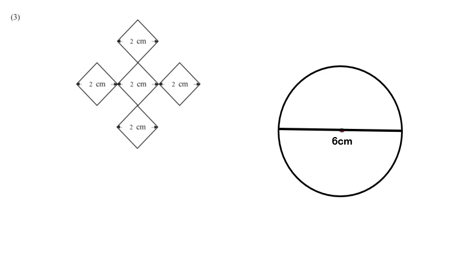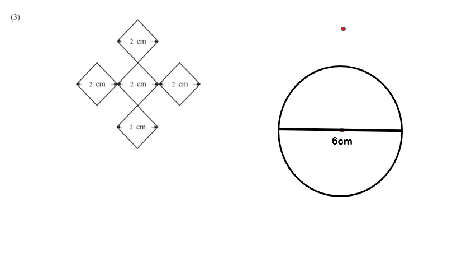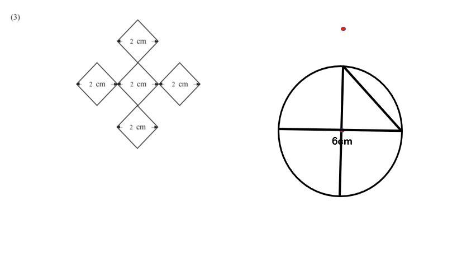Then draw another perpendicular diameter by using a protractor. For that, mark a 90-degree angle. Then draw another perpendicular diameter. Then join these ends. We get the square of diagonal 6 centimeters.